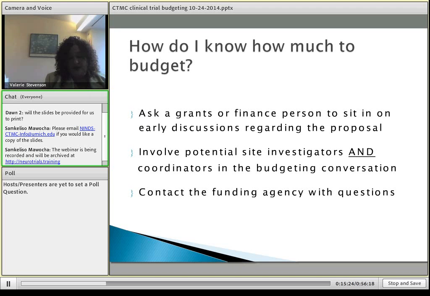Another way to understand how much you need to budget is to ask a grants person or a finance person. In the early discussions, many times we get a grants person or our medical schools involved a little later in the process. And they're really good at letting us know, for example, what is an allowable cost. They're also really great at telling you if there's an anticipated change in some type of service.